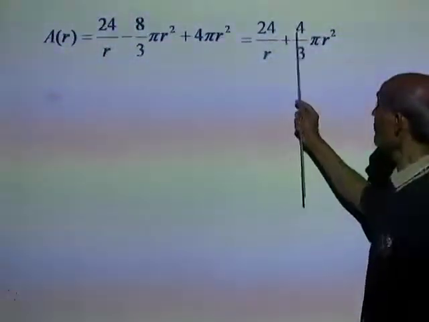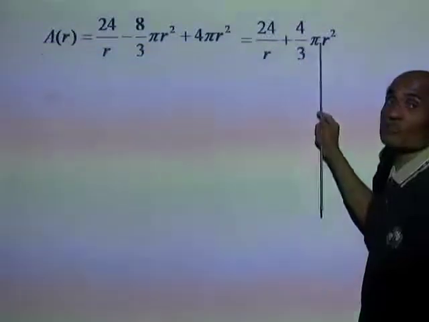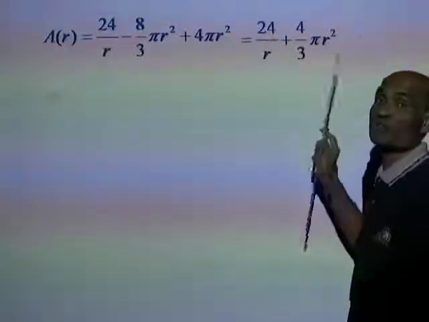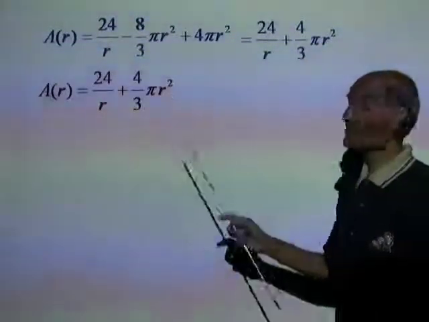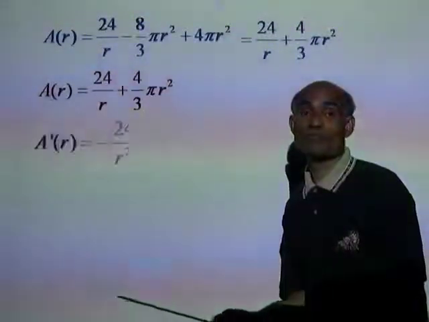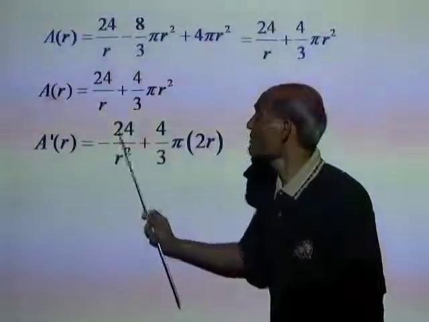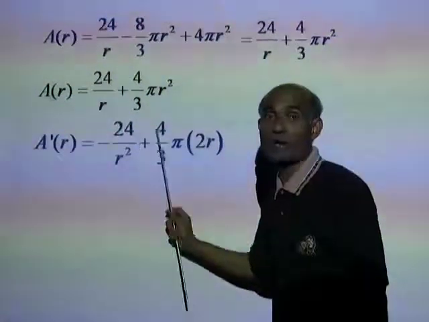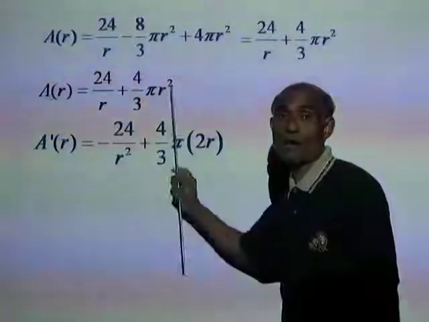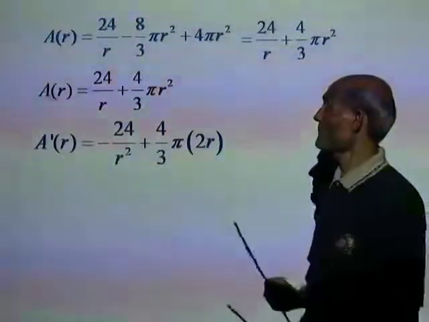The derivative of 4/3 pi r squared: 4/3 pi is a constant, and the derivative of r squared is 2r. So, this is our area function. The derivative is negative 24 over r squared plus 4/3 pi times the derivative of r squared, which is 2r.